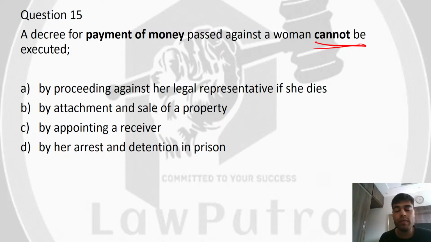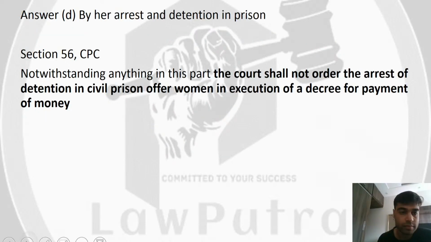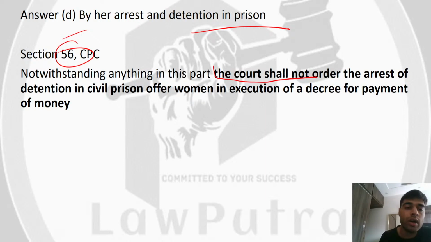So the answer is D, by her arrest and detention in prison. And this is given under section 56 of the CPC. It says that despite anything contained in this part, the court shall not order the arrest or detention in civil prison of women in execution of a decree for payment of money. So directly under section 56 it was given. So the answer is D.